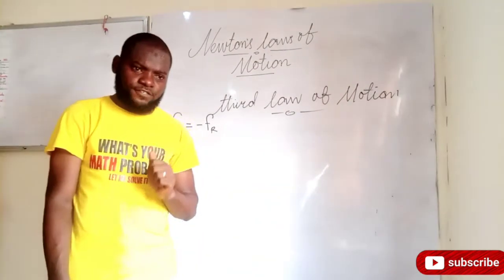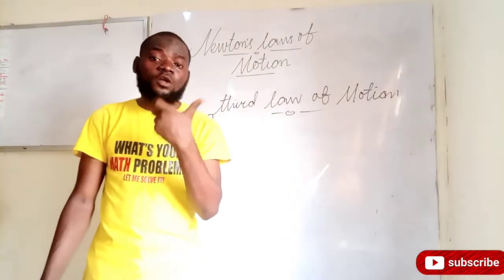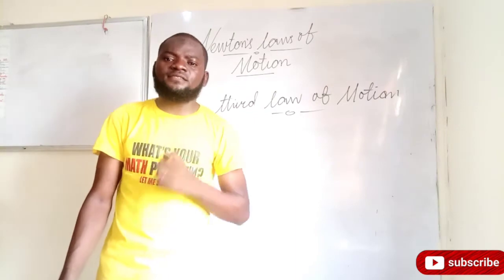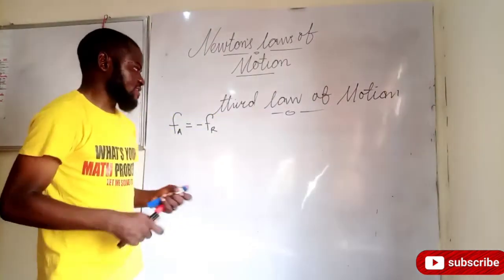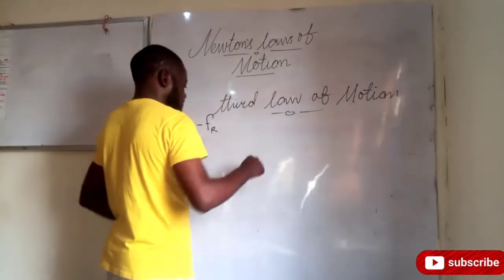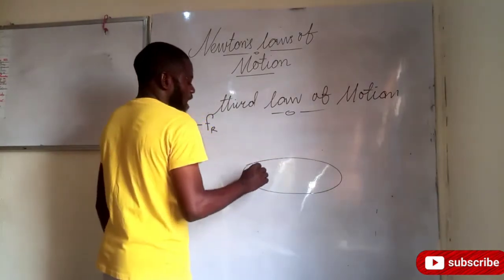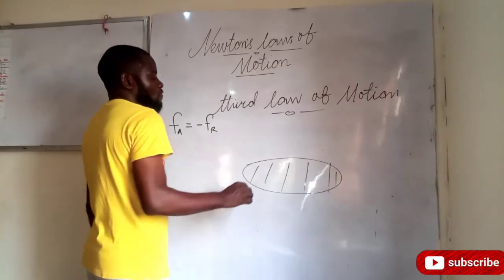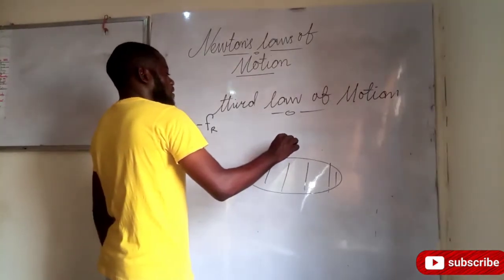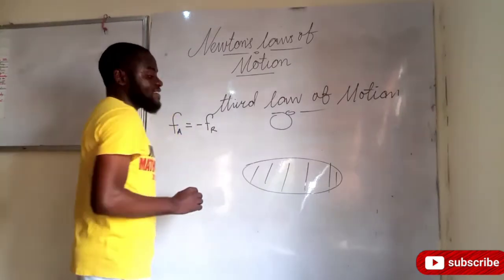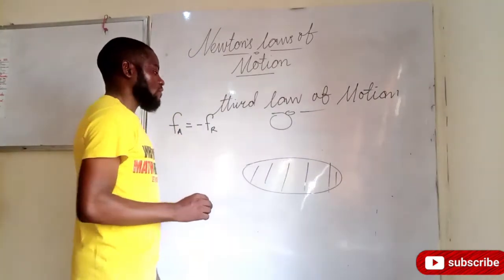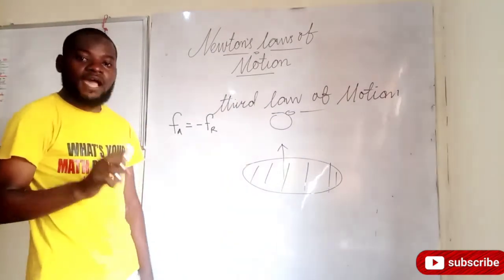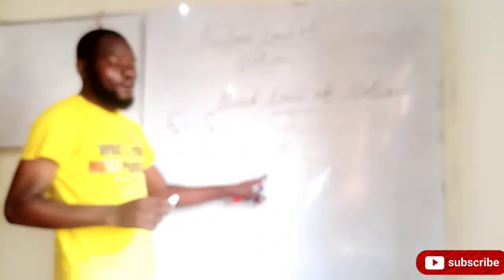Now, if you really understand what the third law of motion simply implies, can you just answer this question? Let's take for instance that here is a river. I have a pool here, okay? And here is outside the pool. And I want to throw a ball such that after throwing the ball, I'm going to fall inside the pool.